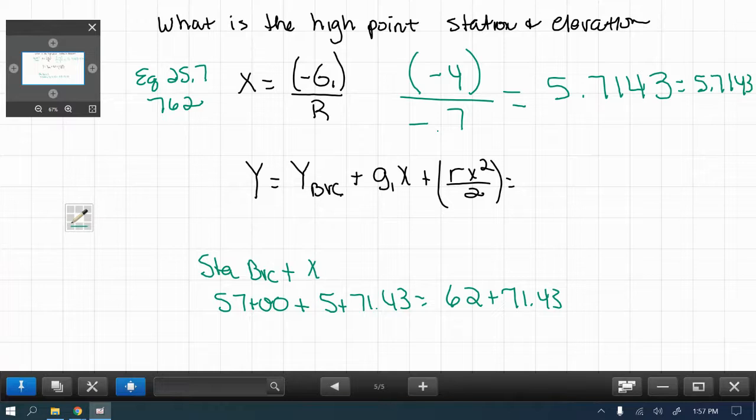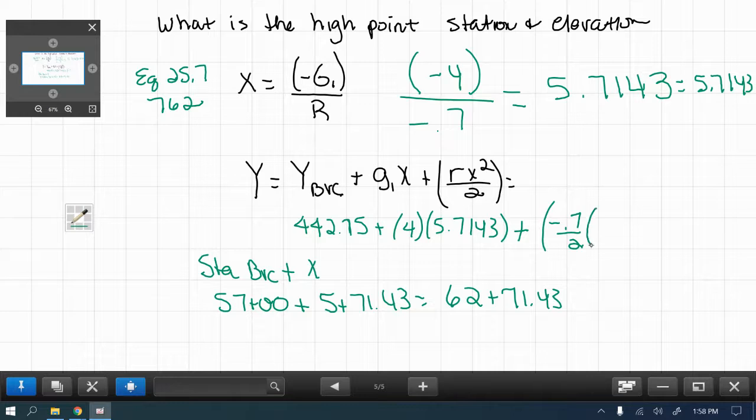So beginning vertical curve elevation is 442.75 plus G1 times X. So G1 is 4, so 4 times 5.7143, plus my R, which is a negative 0.7, divided by 2 times 5.7143 squared.